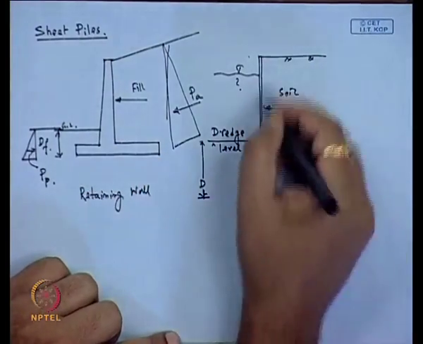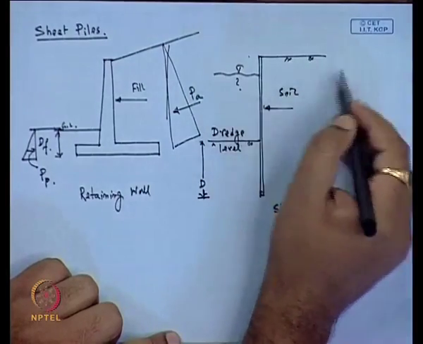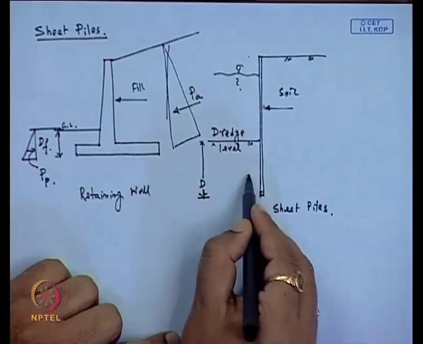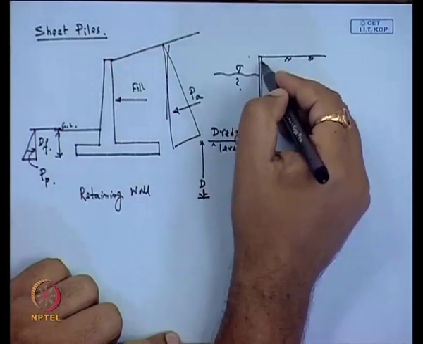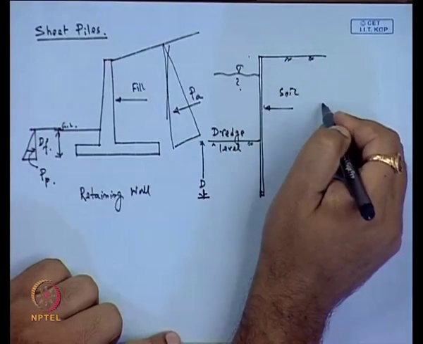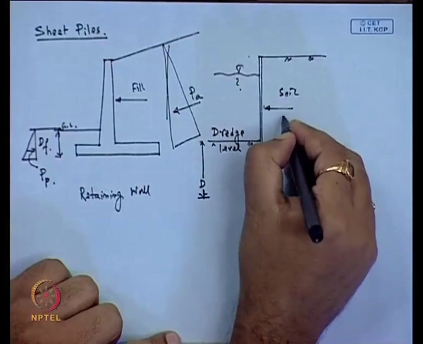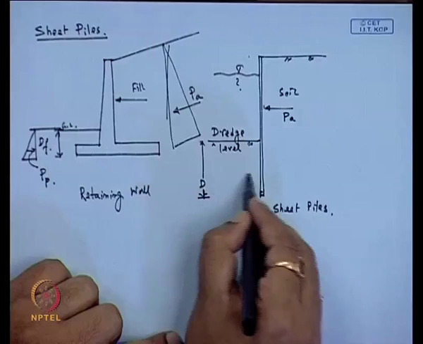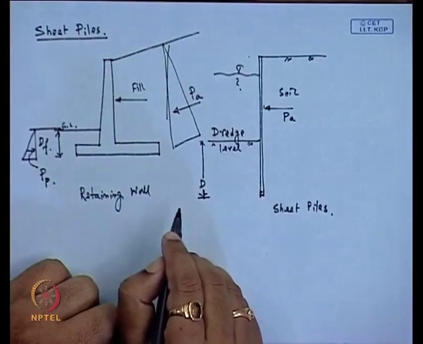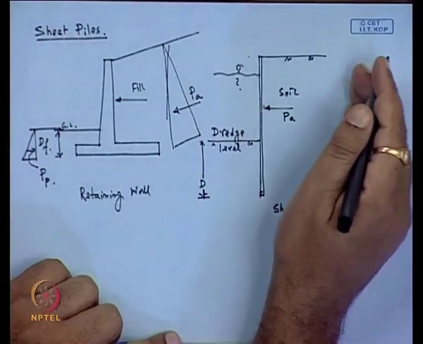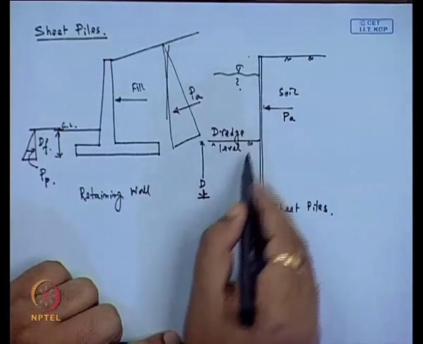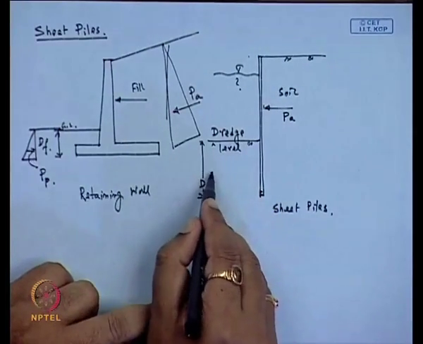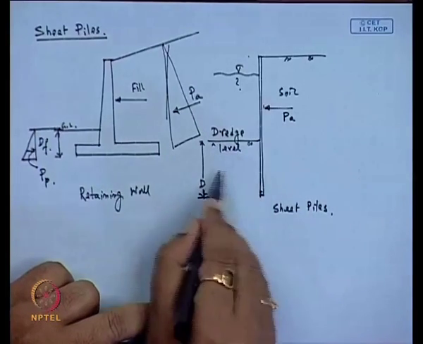Whereas, in sheet pile, here also lateral force is acting on this side, and on this side also soil pressure is acting. Suppose this is the active pressure acting on this side, and here also the passive pressure is acting on this side. That means, the load which is acting from this side is resisted by the stress, the passive pressure acting from the bottom of the wall.